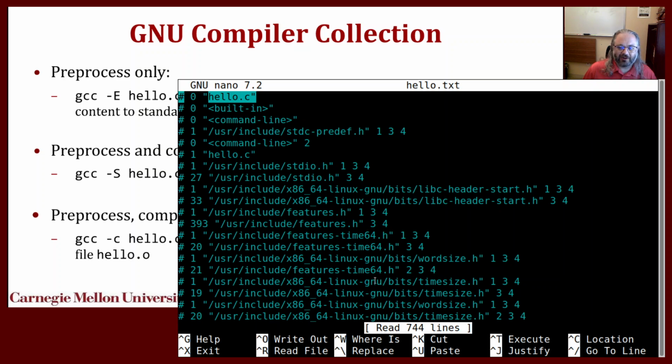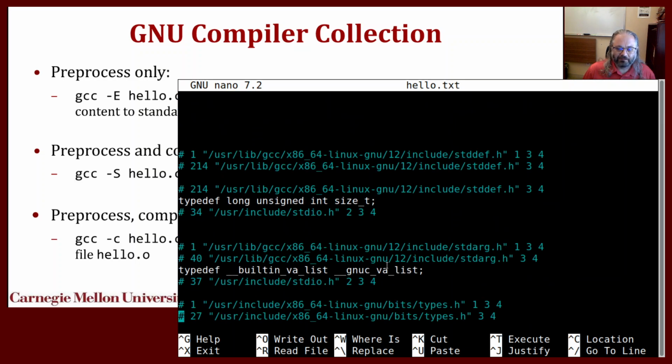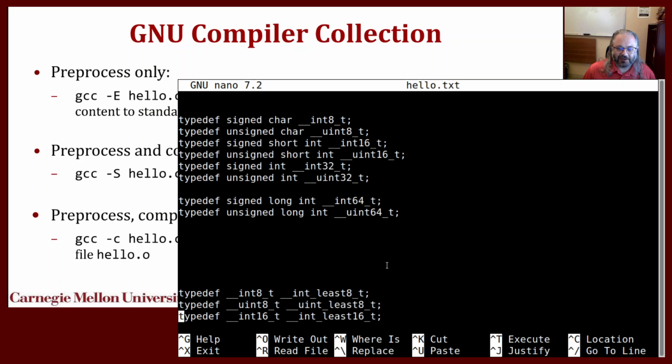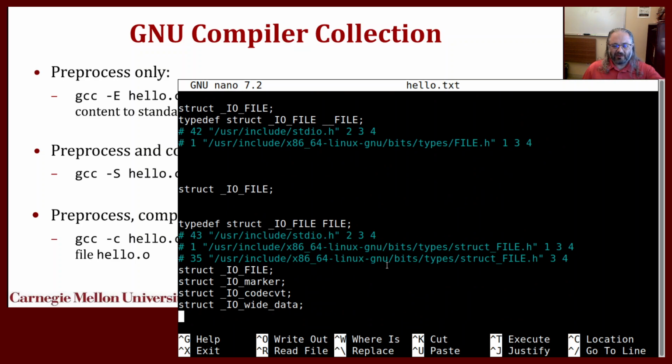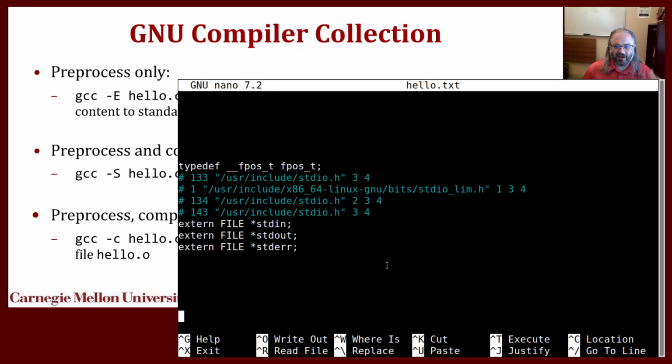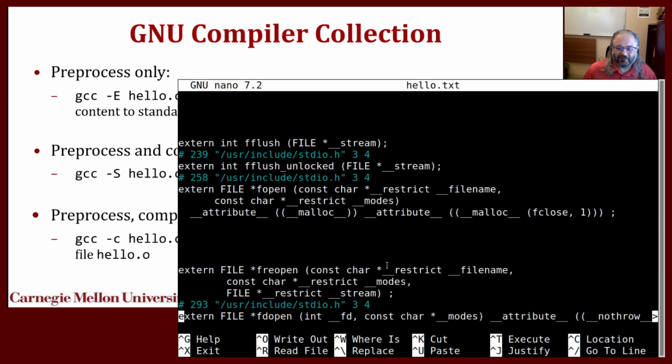Here are all of the libraries that we're including through that standard IO include. And if you go down through all of these notes, a bunch of definitions that are used in those libraries, you can basically see the entire contents of the standard IO library being incorporated into this file.